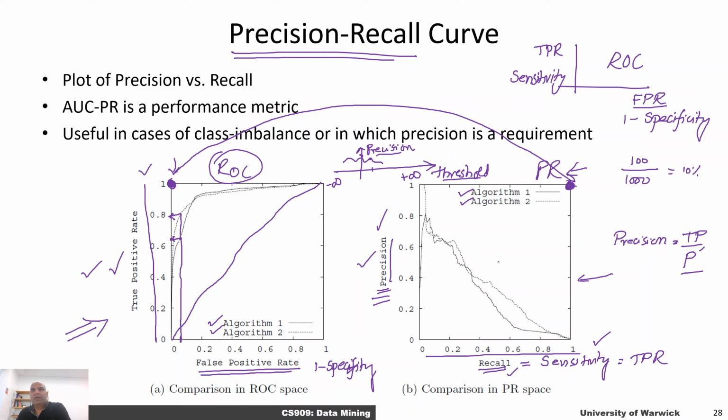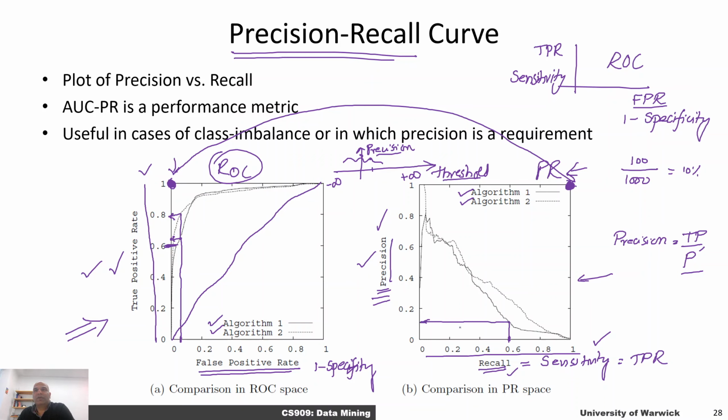If we come to the corresponding PR curve on the right-hand side of your screens, we can see that we have the recall plotted over here on the x-axis and the precision plotted on the y-axis. If you look at a certain value of recall, let's say we compare at about 60% recall, a sensitivity of about 60%, which corresponds to this operating point along the y-axis of the ROC curve, we can see that the precision of algorithm 1 is much lower.